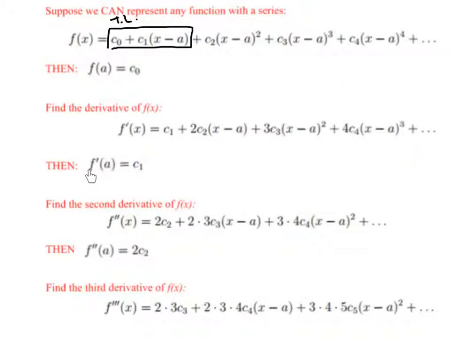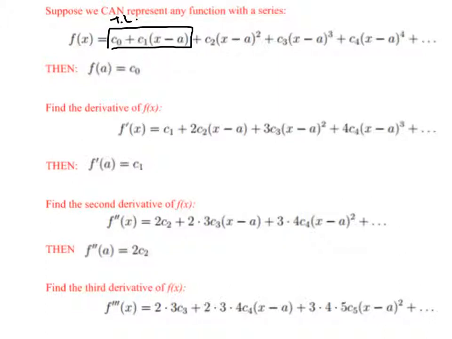Now, if I plugged in a to the derivative, of course, all of these terms, a minus a, a minus a, a minus a, would cancel out. So the derivative evaluated at a would be this constant c1. So this is simply the function's value at a, and this is the derivative's value at a.